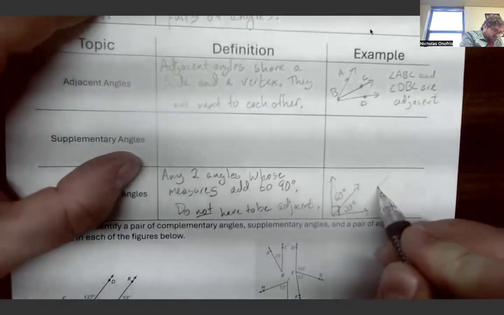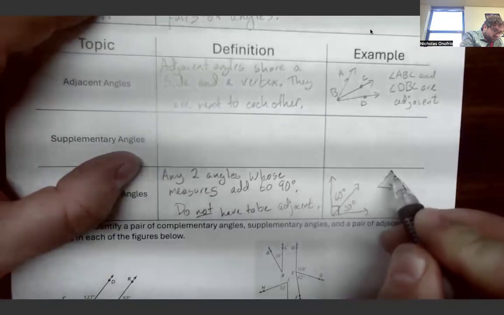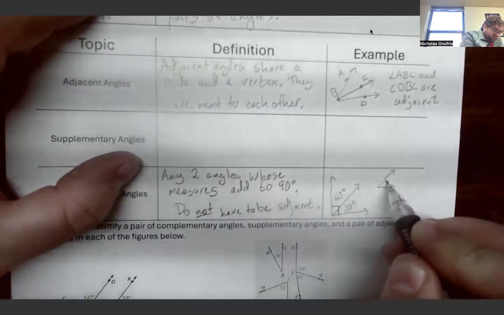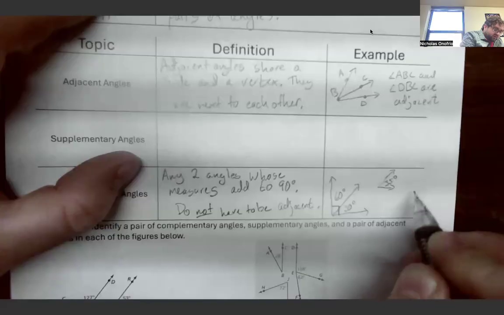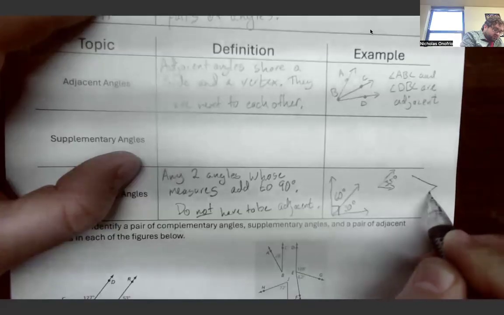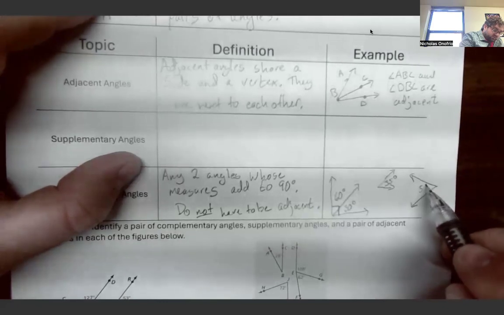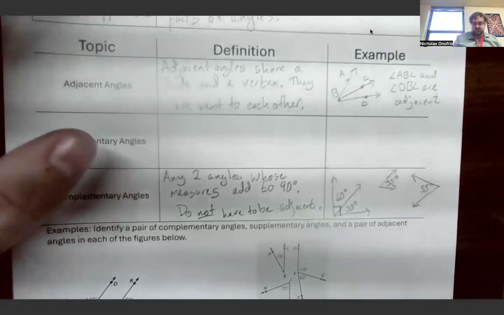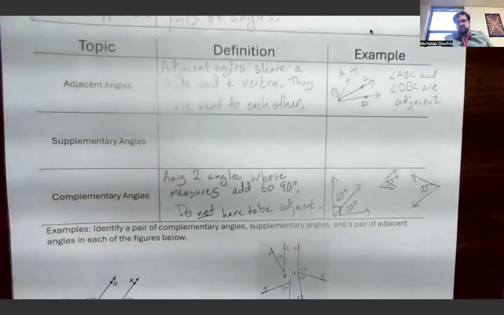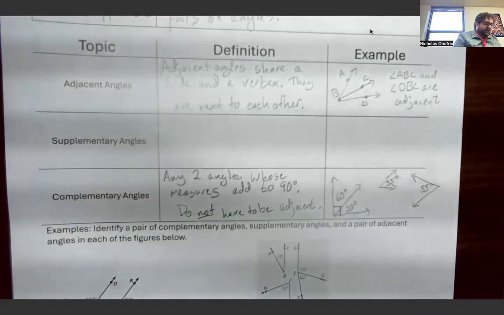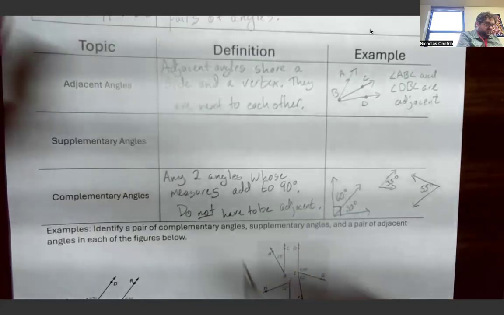Another example, if I gave you an angle, let's say 35, then I gave you another angle of 55. Both of these angles would add up to 90 degrees. Last but not least, we have our supplementary angles.